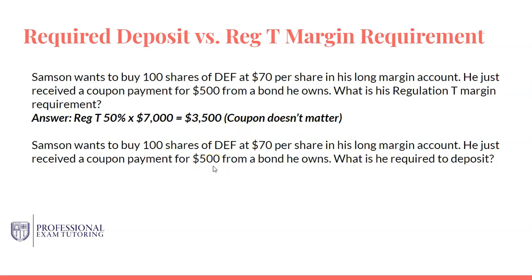So because he received the $500, he's only required to deposit $3,000 to get it up to $3,500 to meet his Regulation T margin requirement.